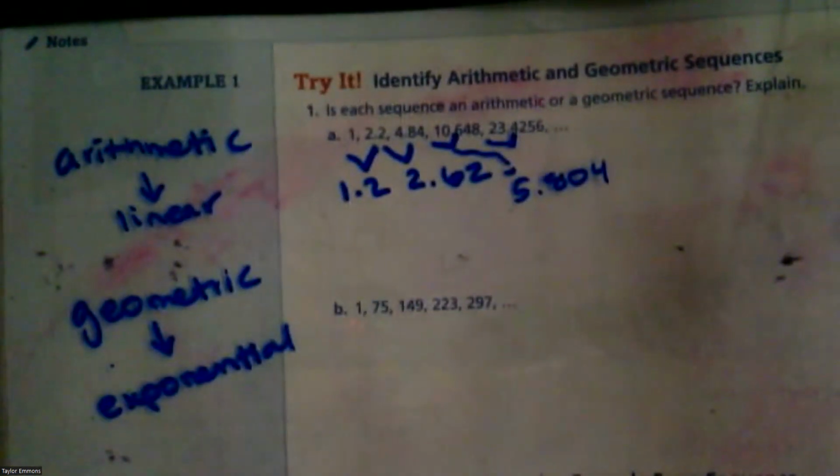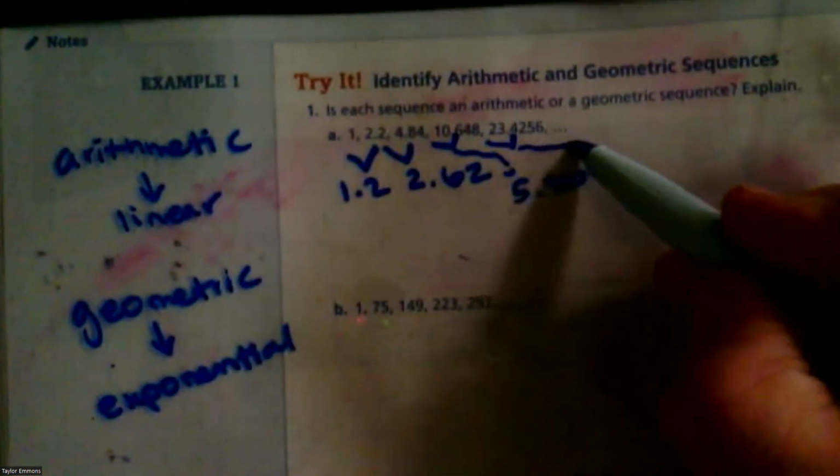So on the next one, what's the difference? What's the difference? 10.648? 5 point what? Okay. What's the next one? 17 point some number.